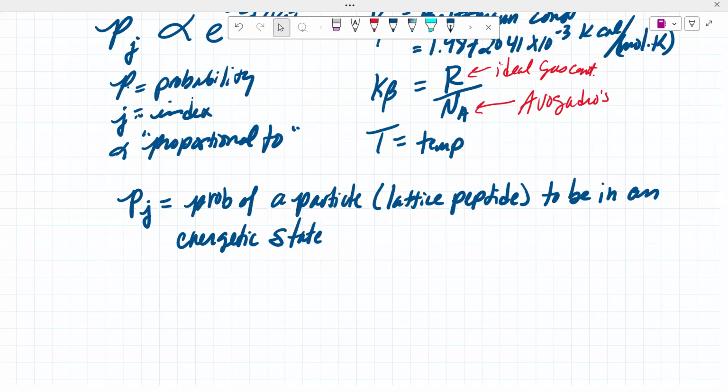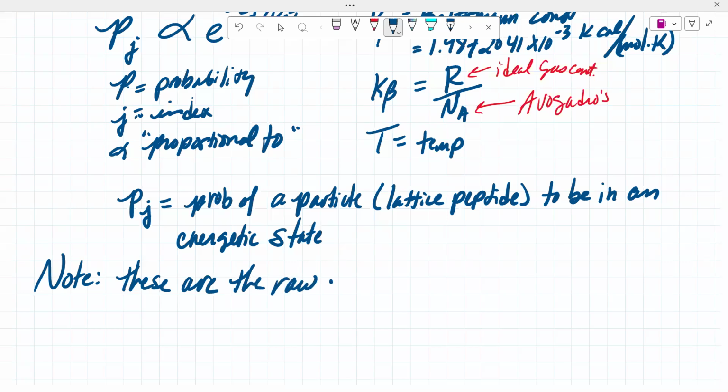This is not normalized though, so it's not a probability per se. It's the probability to be in each state, but the sum of the probabilities doesn't add up to 100%. That's why we have to do the partition function. Okay, note: these are the raw values.